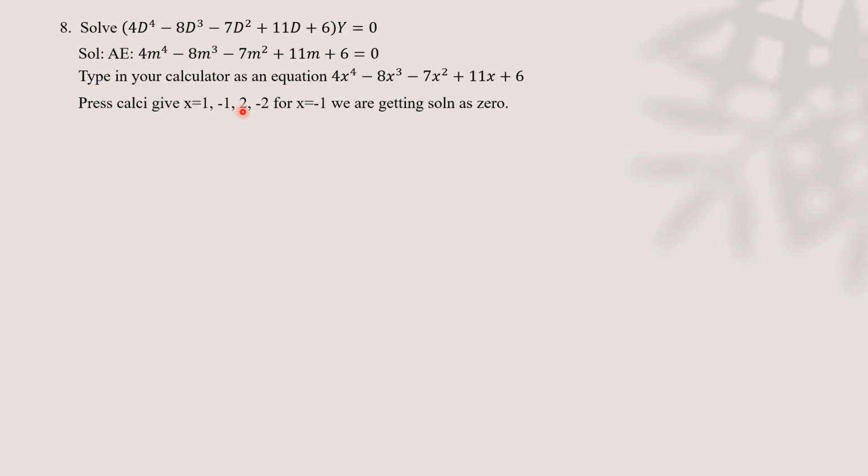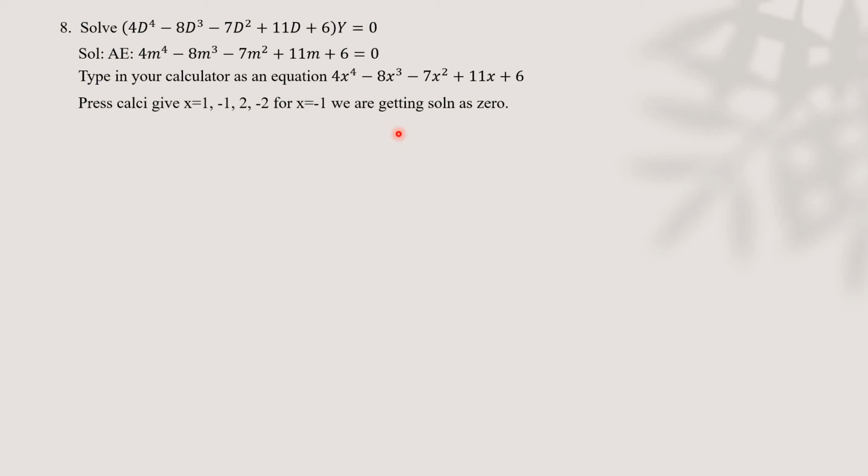If it is not 0, go for another value like 2, likewise -2, by trial and error, giving alternate values 1, -1, 2, -2, 3 and so on. So for this problem, for x equal to -1, you are going to get 0.